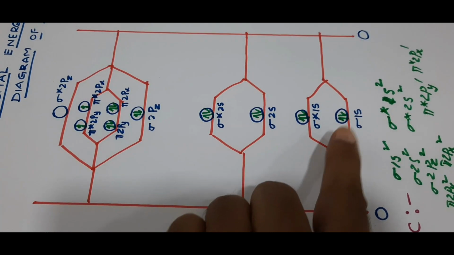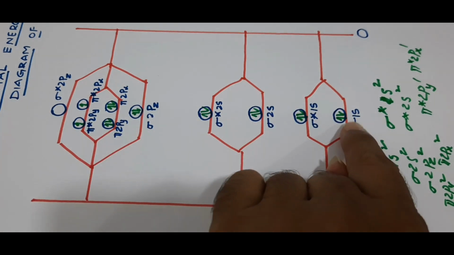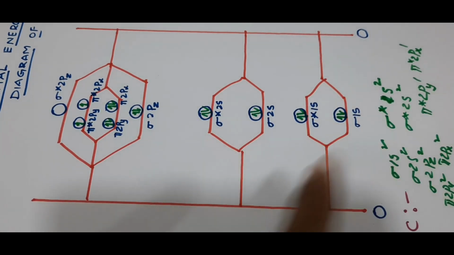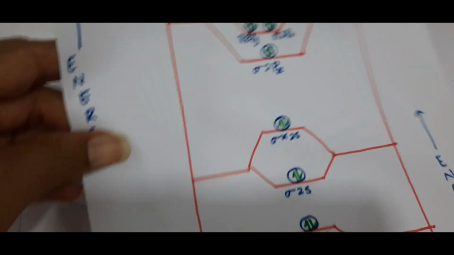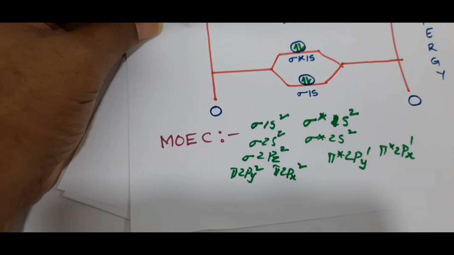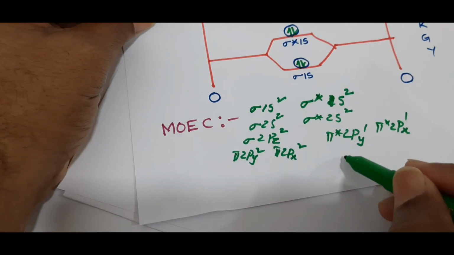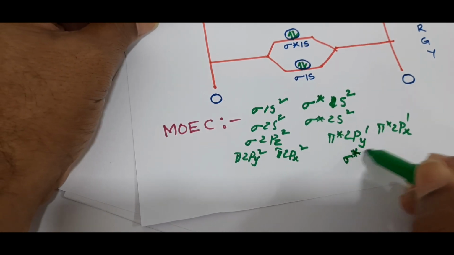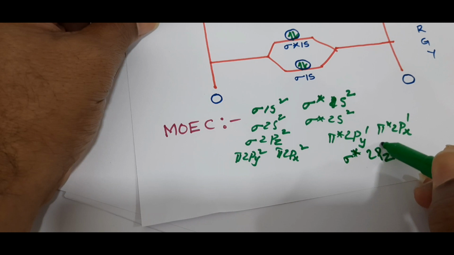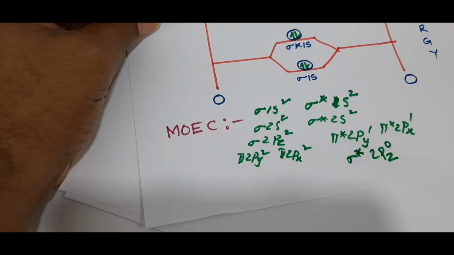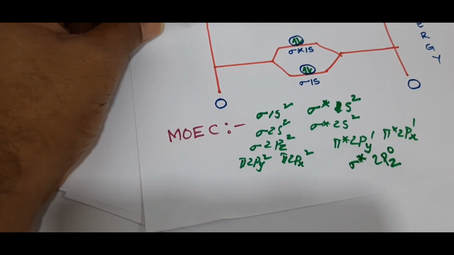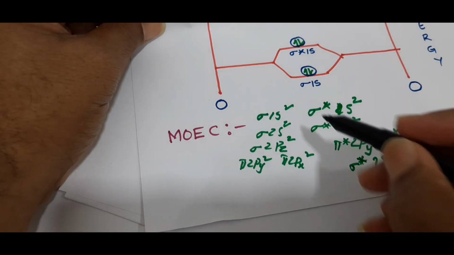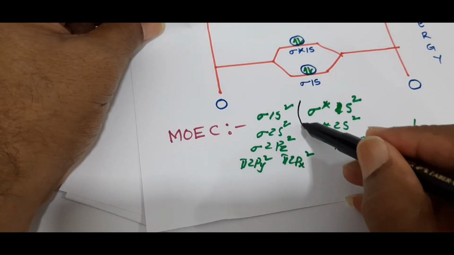So just simply I am representing these orbitals with electrons here, right? Look at this. Sigma star 2pz is also there, but no electron at all. Here I am differentiating them.